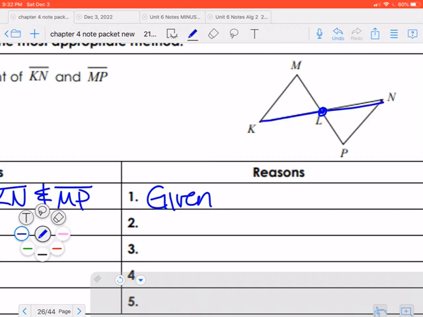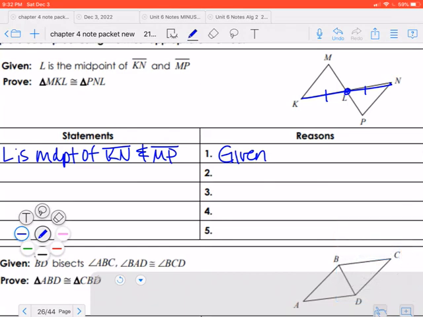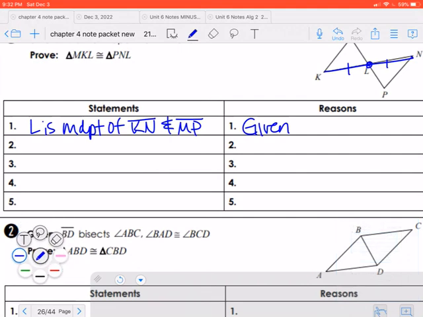Hopefully you're remembering that once they say some point is a midpoint, the very next thing that you can say is that the two halves are equal to each other. So that's going to be my very next statement that I make. So those sides colored in blue now, KL is congruent to NL. And you remember what the reason would be?